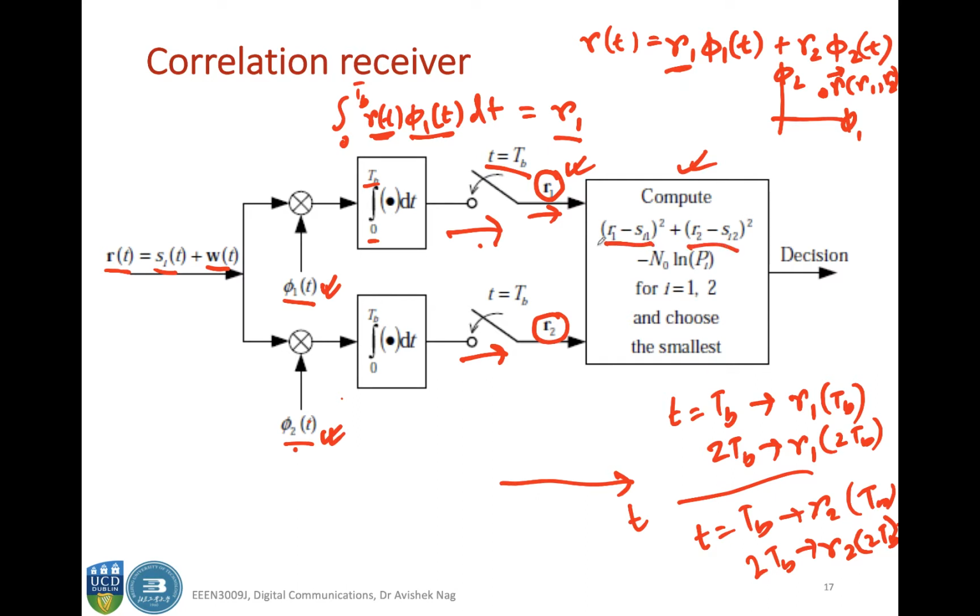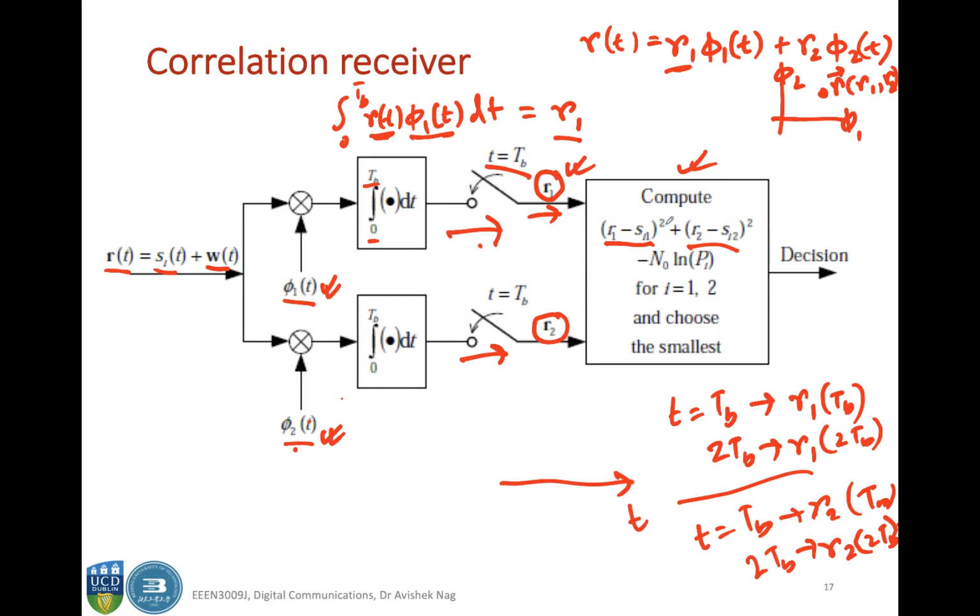Basically, you are computing the distance: (R1 minus s_i1) squared plus (R2 minus s_i2) squared. You know s_i1 and s_i2 because you are transmitting the signal, and in the receiver you are obtaining R1 and R2, so you can now compute this term. And you are choosing the smallest of these numbers.